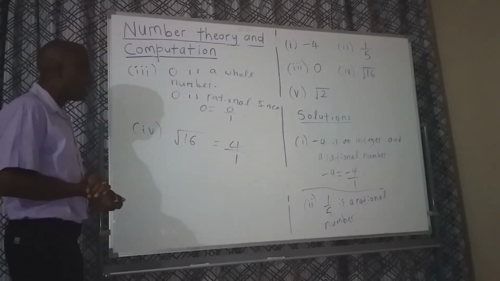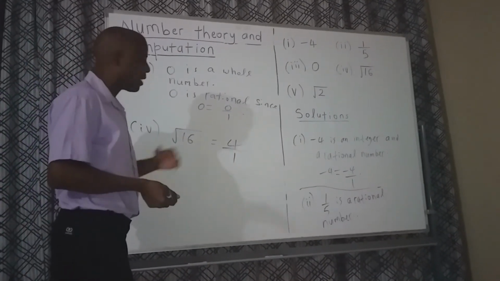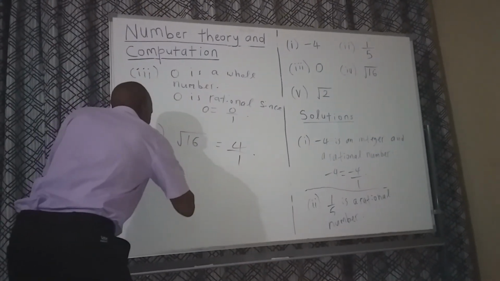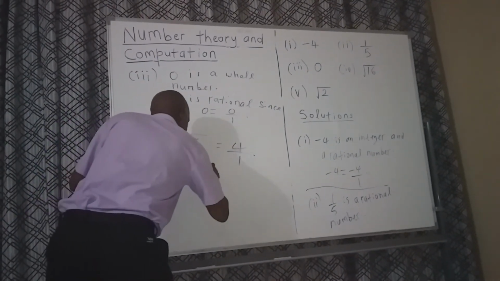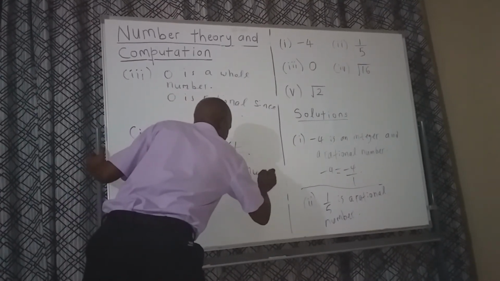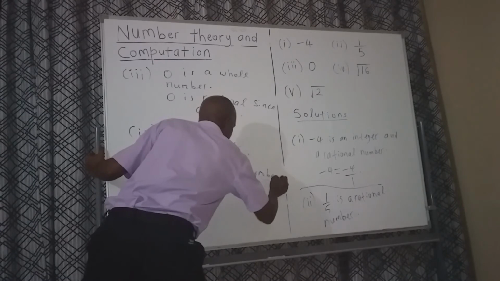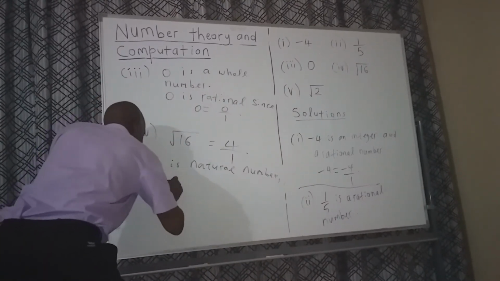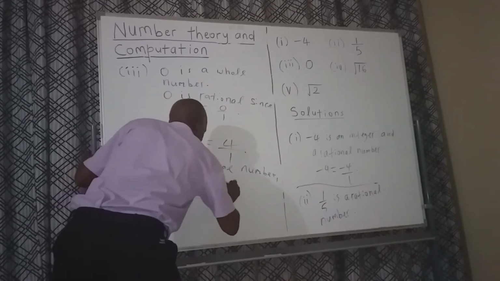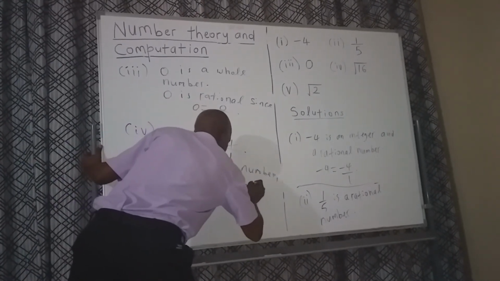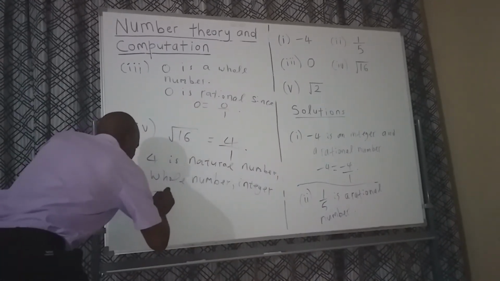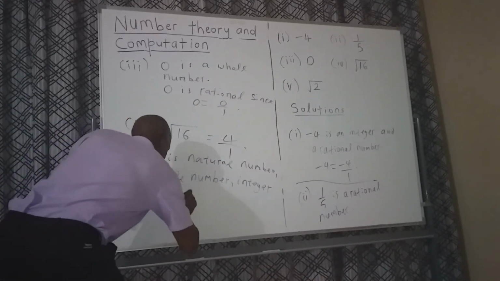Is it an integer? It's also an integer. Is it rational? It's also a rational number. So 4 is a natural number, whole number, integer, and rational.